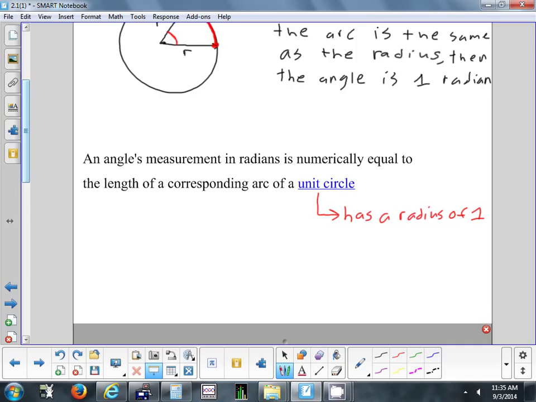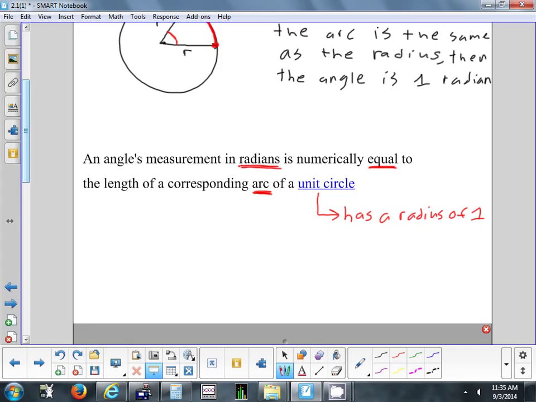Okay. And we already know, hopefully we know from geometry, something about circumference. Because if we know the circumference of an entire circle, then we would automatically know how many radians are in an entire circle, because they're the same.